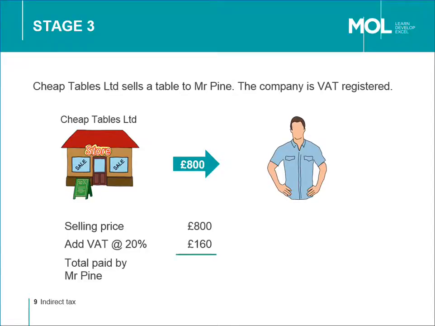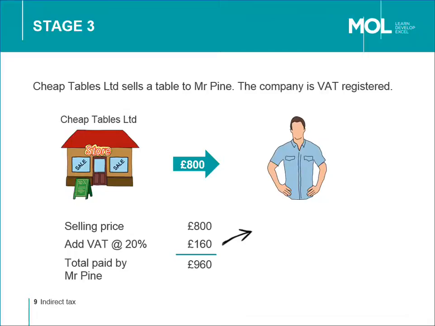The total therefore paid by Mr. Pine would be £960. The £160 of VAT charged by Cheap Tables Limited again is output tax, and they will complete a VAT return and will pay this £160 to HMRC.